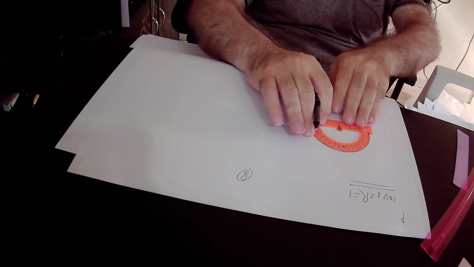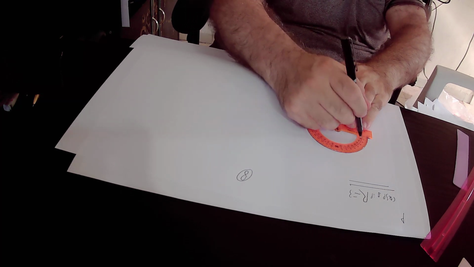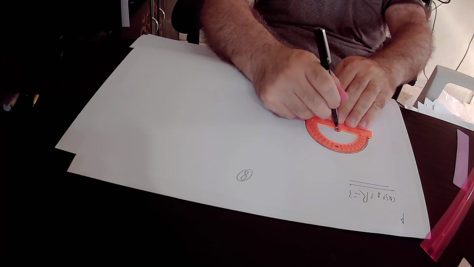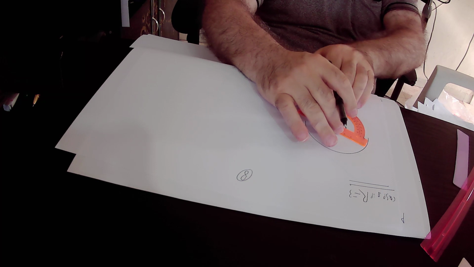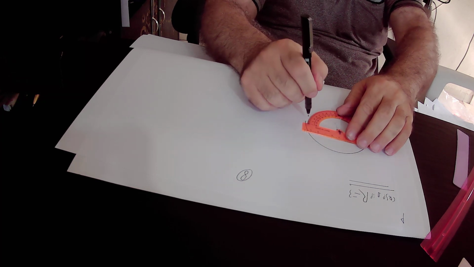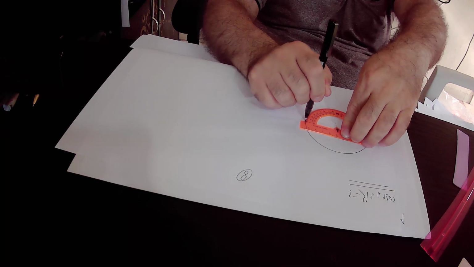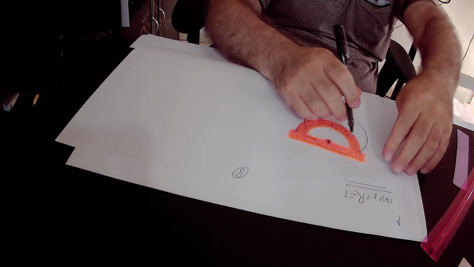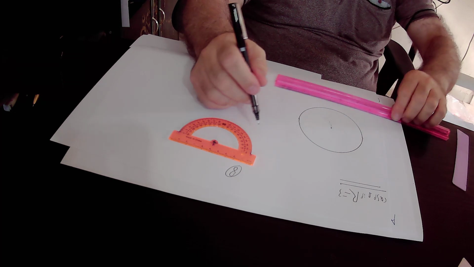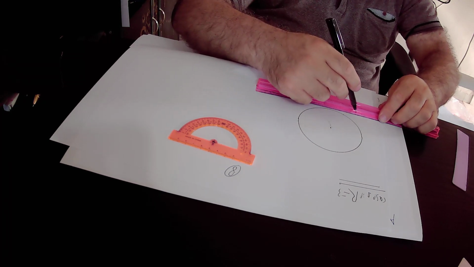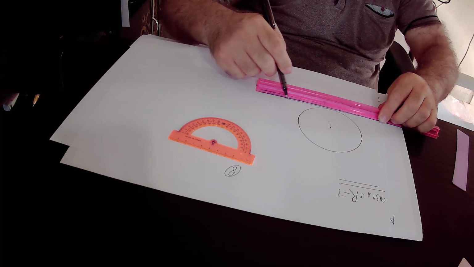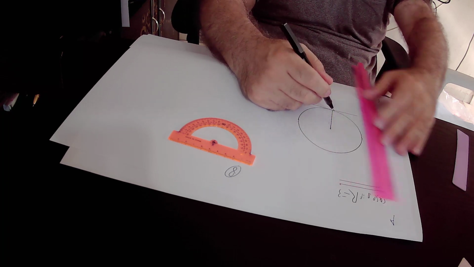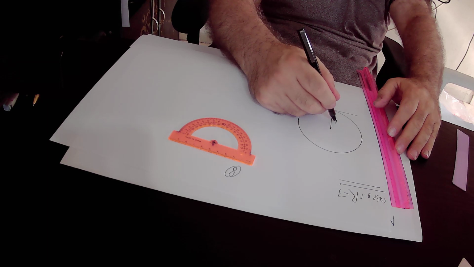So I will draw a radius that is exactly equal to 3 units. We know also that the side length of the square is also equal to 3 units.